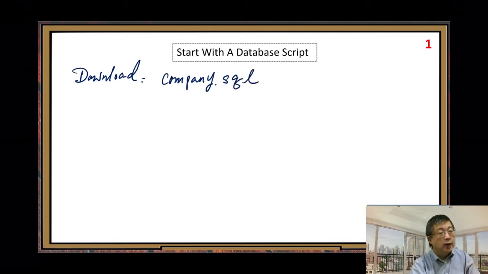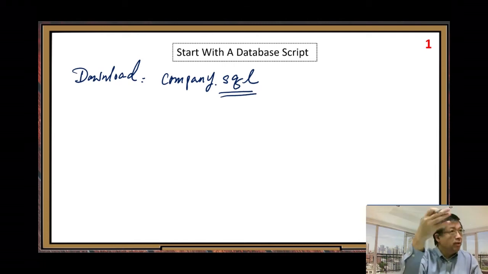That database gives several tables in a company. And because it is written in SQL statements, we use the extension .sql. It is a plain, simple text file.